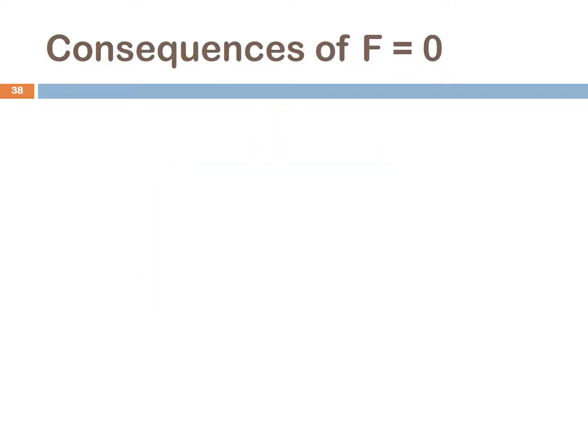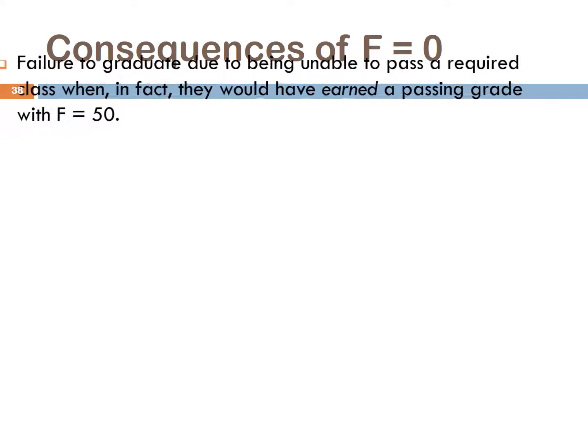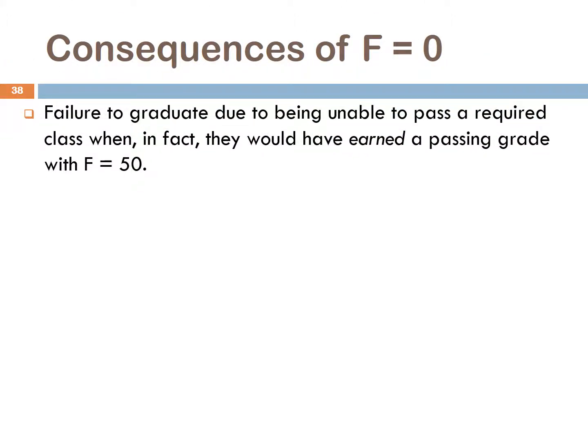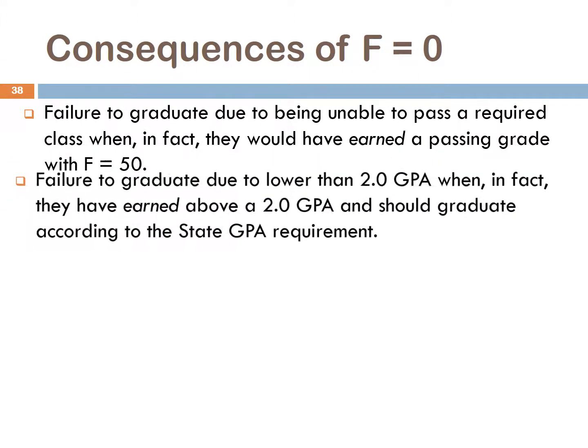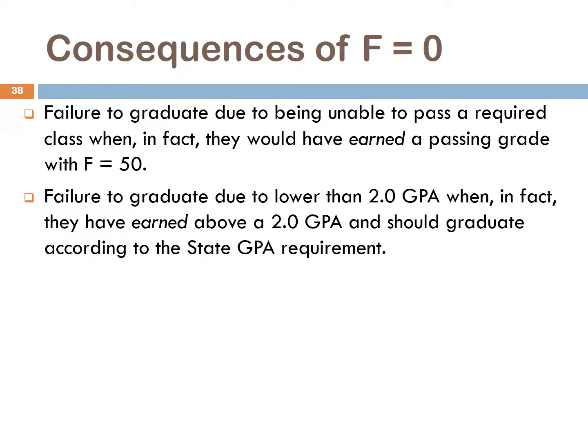Consequences of F equals 0. Failure to graduate due to being unable to pass a required class when, in fact, they would have earned a passing grade with F equals 50. Failure to graduate due to lower than 2.0 GPA when, in fact, they have earned above a 2.0 GPA and should graduate according to the state GPA requirement.